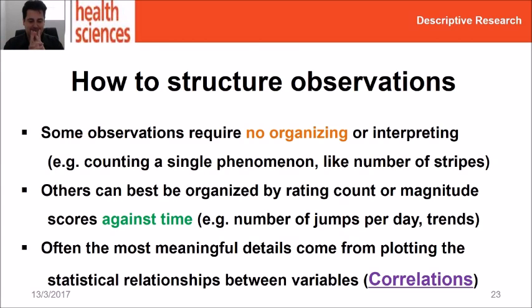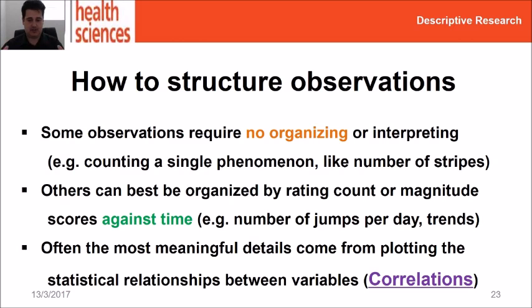But the most useful way in the modern world to structure your observations in descriptive research is to take one variable, one thing that you have measured that can have different levels to it, and another variable, maybe time, maybe different locations, maybe just another set of measurements you've taken from your population, and see how well they predict each other.